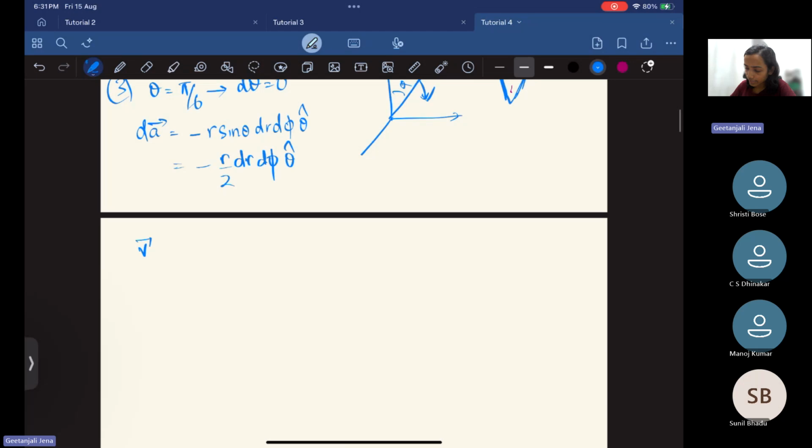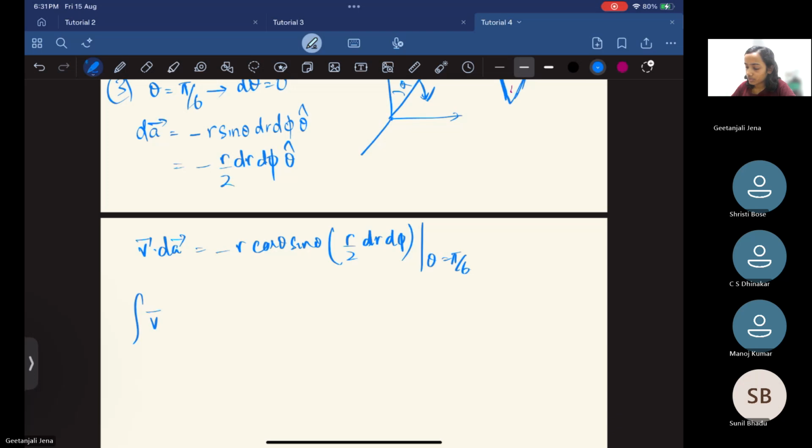So V dot dA will be minus r cos theta sin theta, r by 2 dr d phi at theta pi by 6. Just put the value and find out the integration, because you know V dot dA and you know what the variables are. r will be from 0 to R, phi is from 0 to 2 pi.